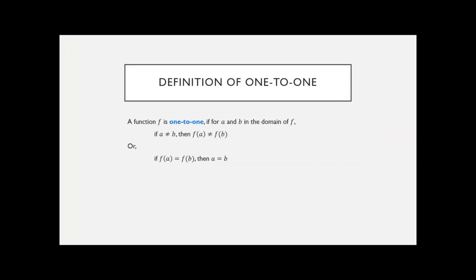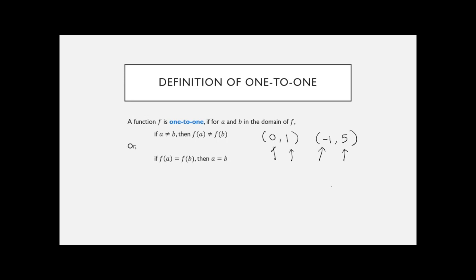If for A and B in the domain of F, this is the definition, it's a very mathy definition: if A is not equal to B, then F of A is not equal to F of B. What it's essentially saying is, if we think of these as ordered pairs, like (1, 0) and another one like (-1, 5), it is one-to-one as long as, if the X values don't match, the Y values also don't match.